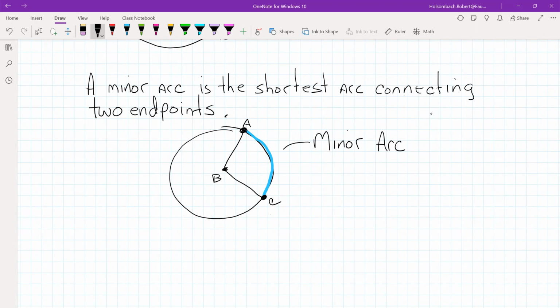Now, do you see the other arc in this picture? We're going to put it around this backside. I'm going to put point D right here, and I'm going to color this green. So we've got another arc in this picture that goes around the backside of this circle.